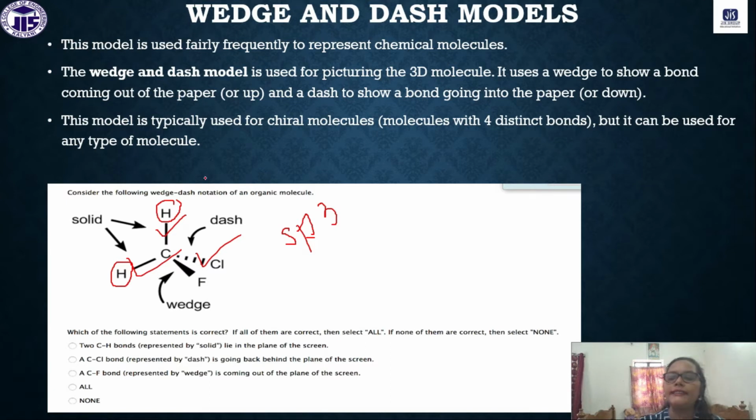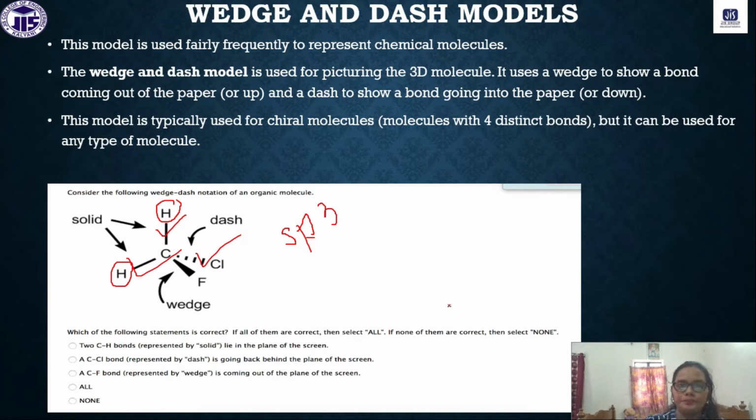So this is the representation of three dimensions, and this is the main importance of the wedge bond and the dotted bond.